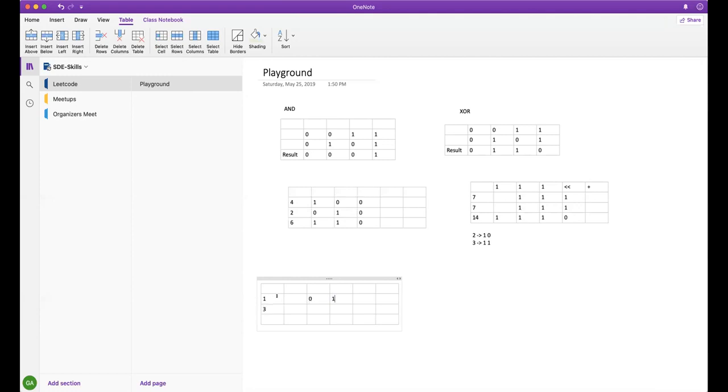And what's the binary representation of 3? 0, 1, 1. The result should be 4, which is 1, 0, 0. Now we have to arrive at 4 using AND and XOR operators. Let's take it step by step.